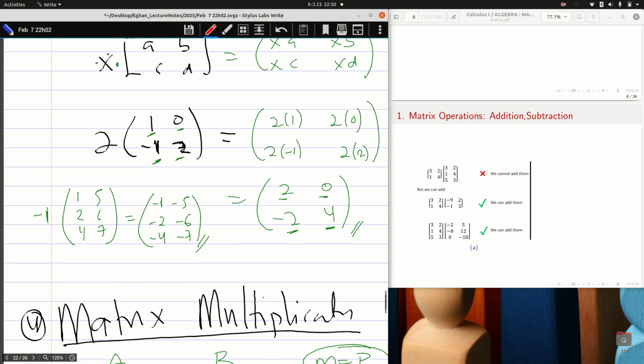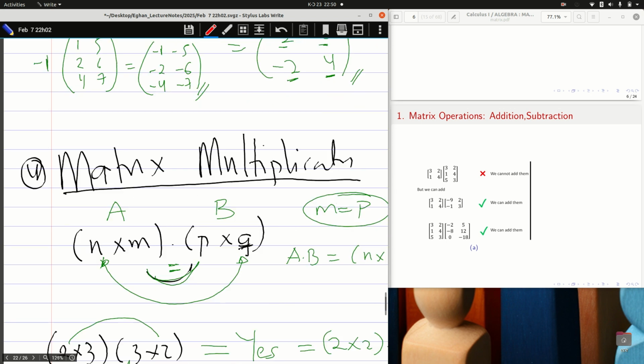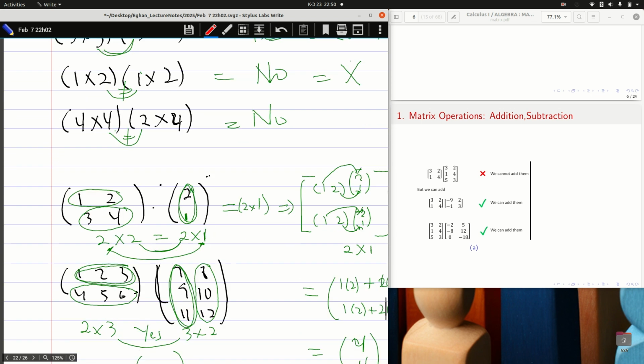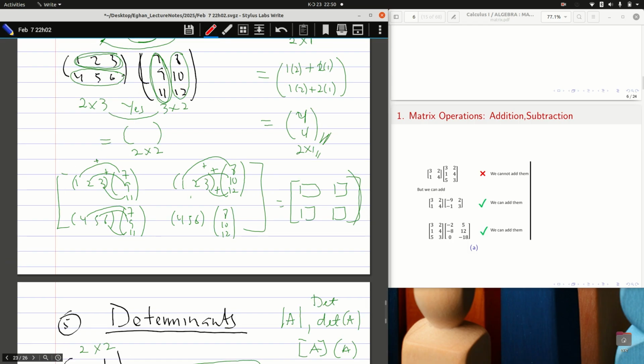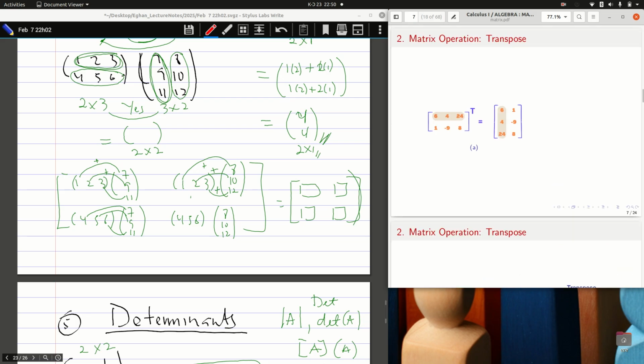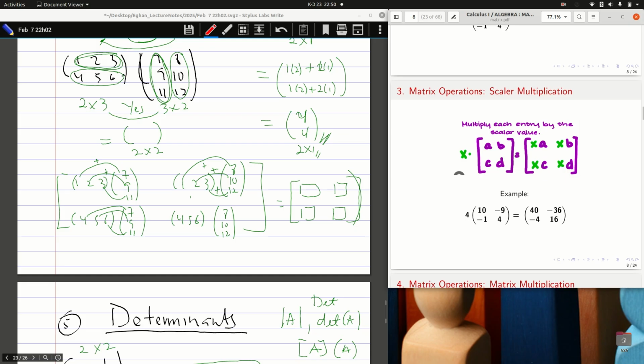Matrix multiplication, I think that is where I had a gap to fill. So let me quickly move through my slides to where I have the matrix multiplication. Everything I have on the slide is what I did on the sheet, so be cool with me.